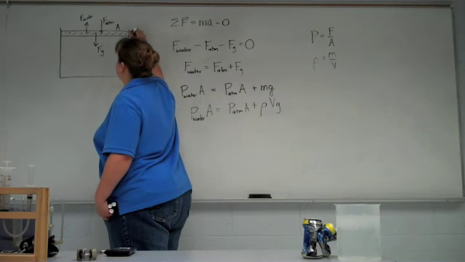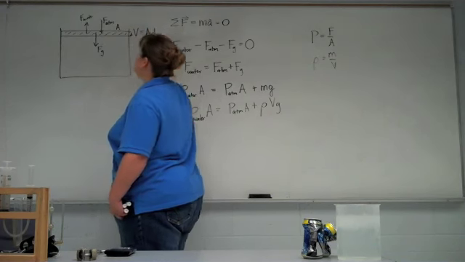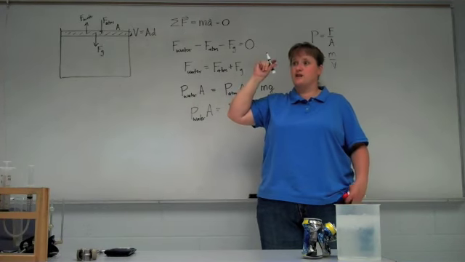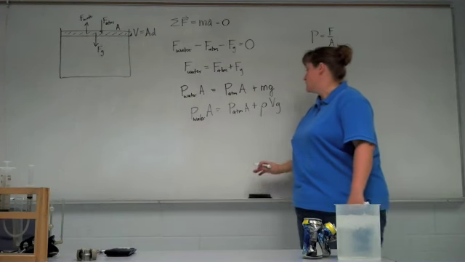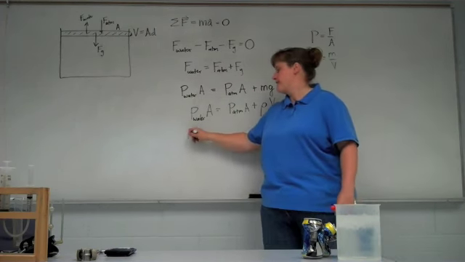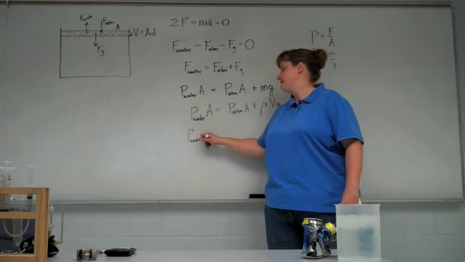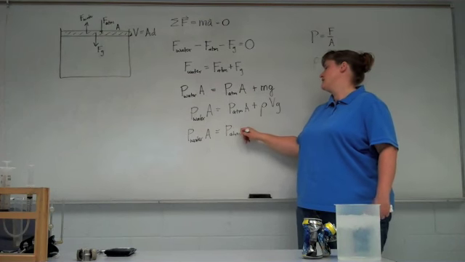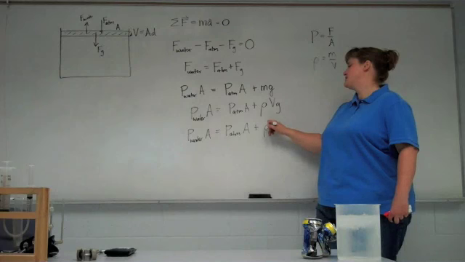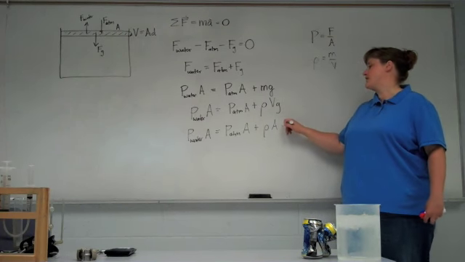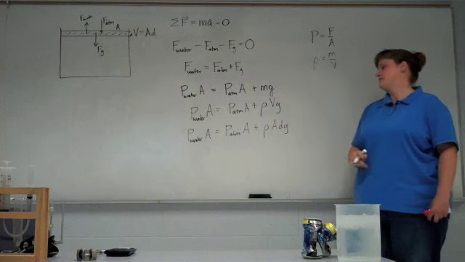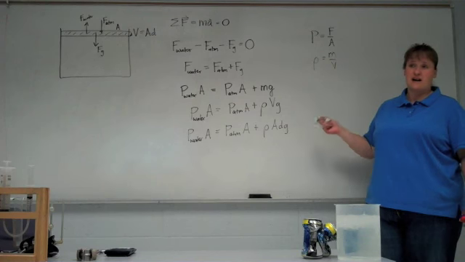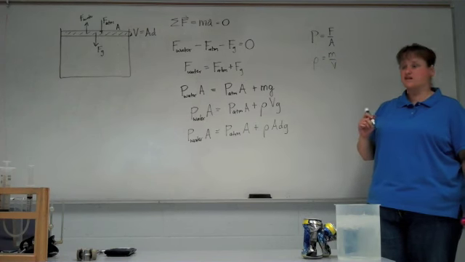Okay, I'm going to call that D. So the volume would be the cross-sectional area times that D, the height, however tall that section of water is. So everything stays the same, except in place of volume, I'm going to put cross-sectional area times D. Which conveniently means we now have a cross-sectional area in every single term.